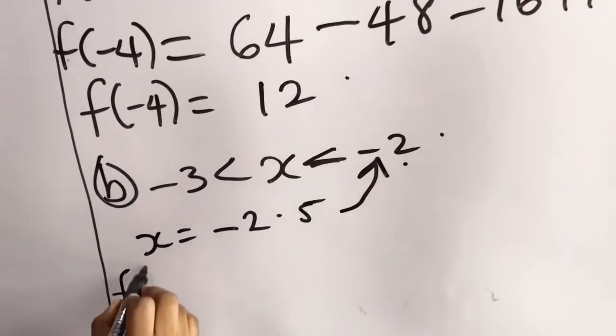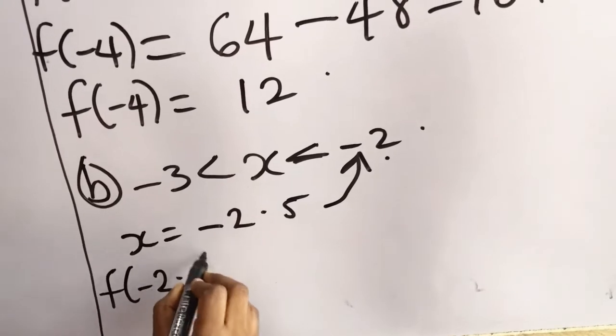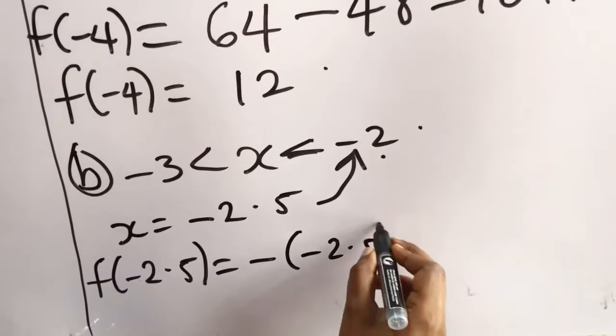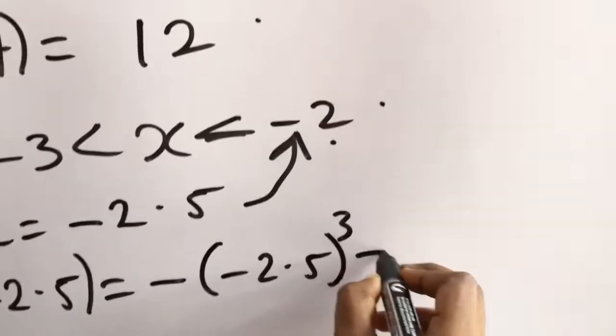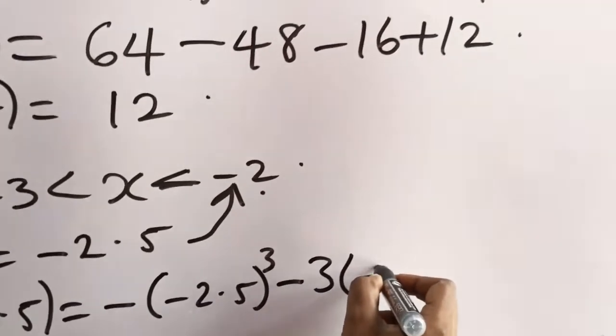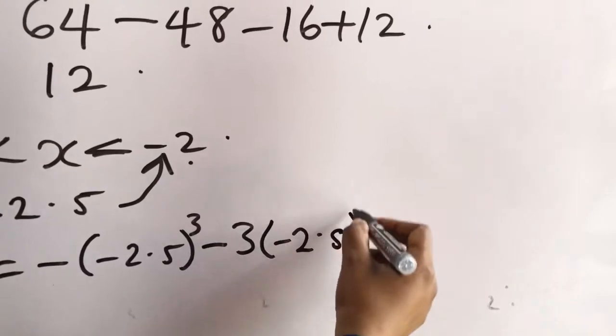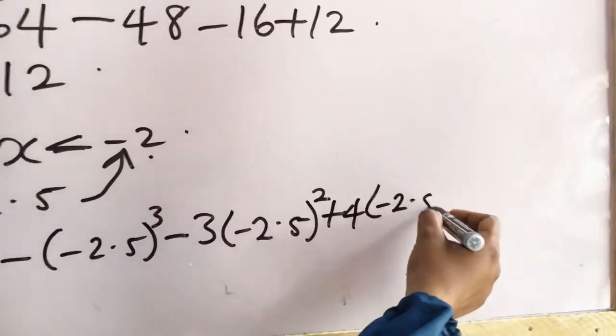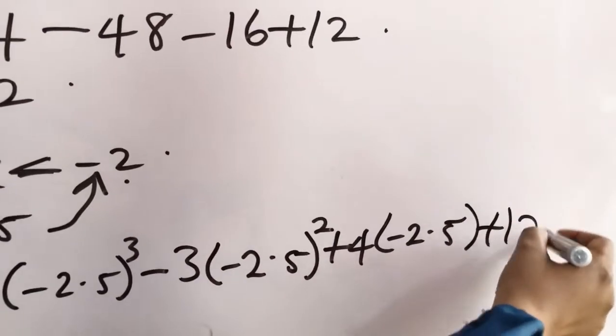So f of minus 2.5 will be equal to minus 2.5 cubed, then minus 3 multiplied by minus 2.5 squared, plus 4 multiplied by minus 2.5 plus 12.